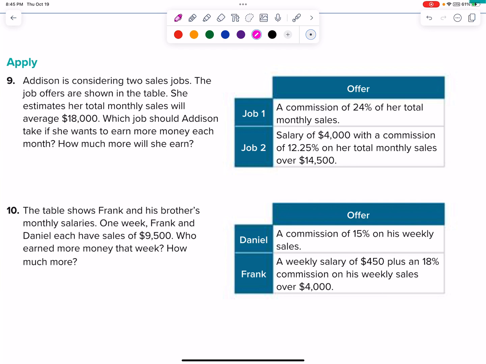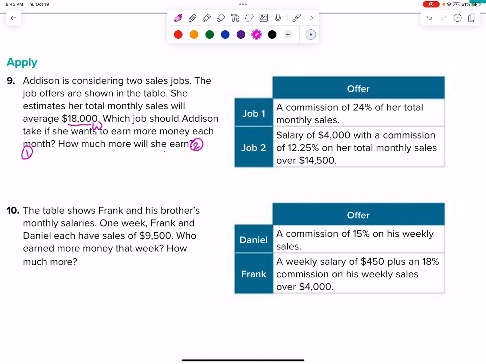She estimates her total monthly sales will average about $18,000. So this is her sales, her whole original amount of sales. Which job should Addison take if she wants to earn more money each month? How much more will she earn? Figures, of course. They have to ask us the comparison amount of how much more. So we have 2 things there.